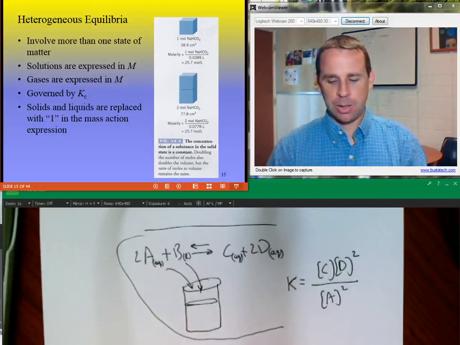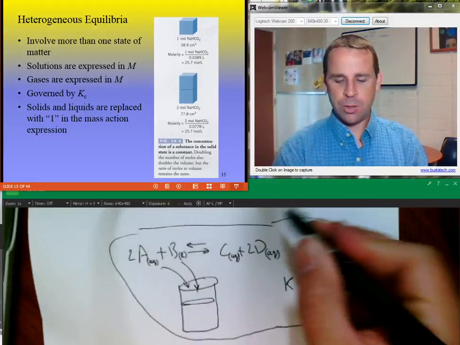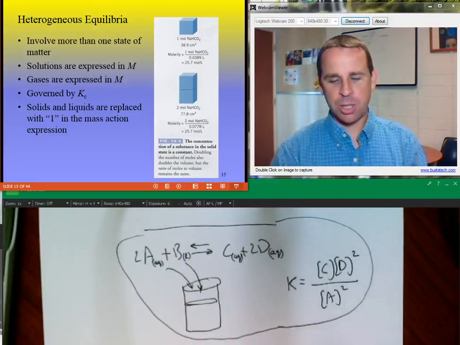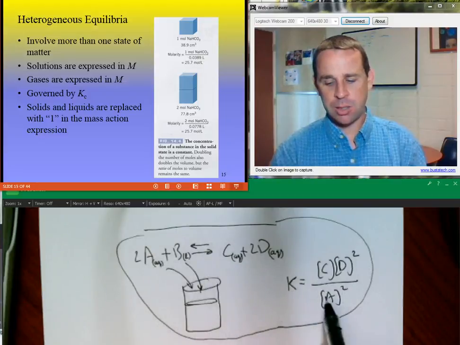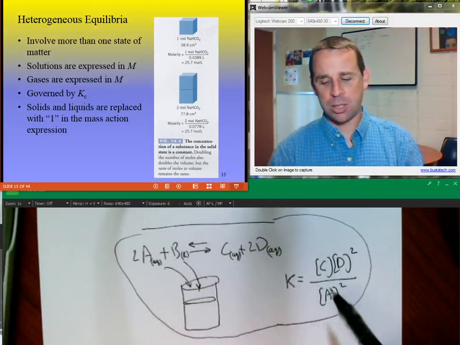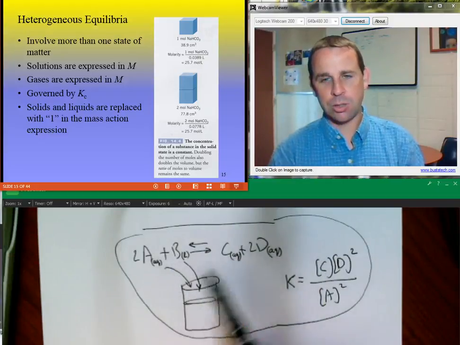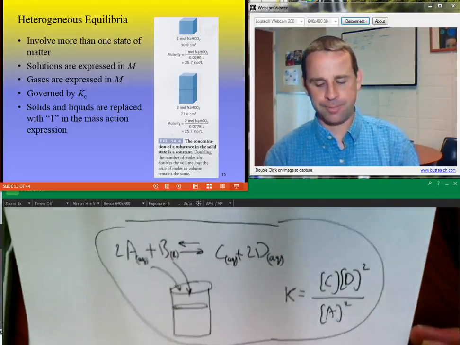So we're interested in this expression because it tells us how the equilibrium of a reaction proceeds, and it will also tell us how it shifts based on certain changes, like altering the concentrations of these reactants or products.